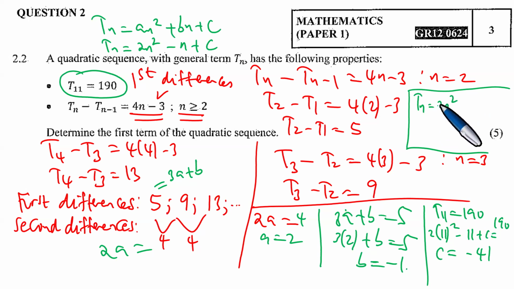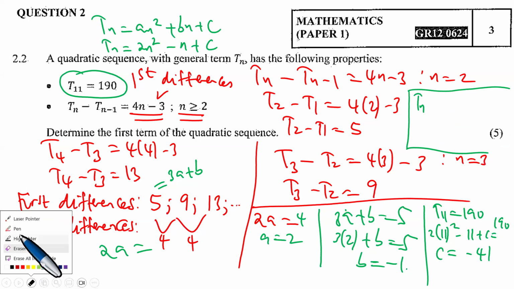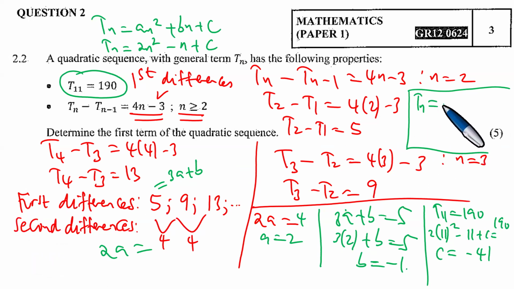This is exactly 2n squared minus n minus 41.